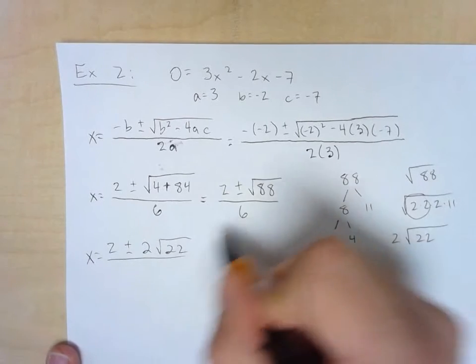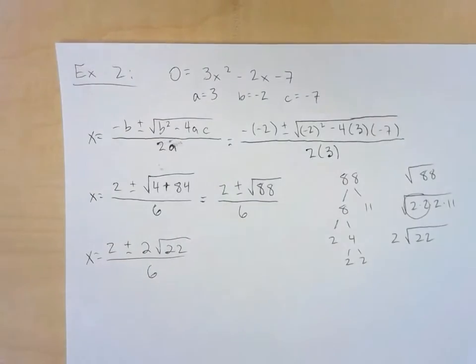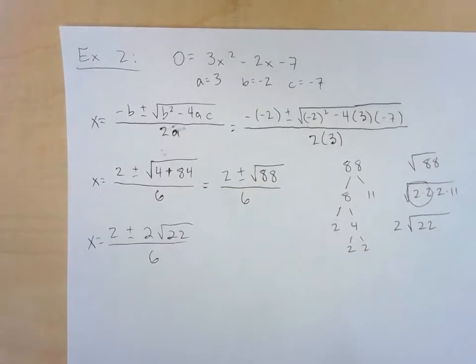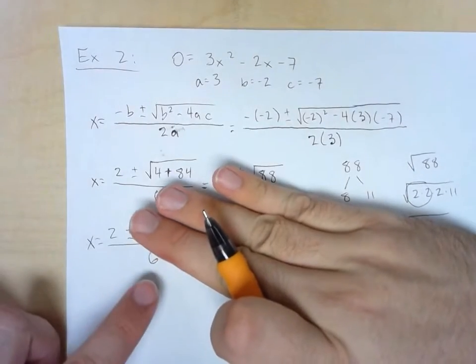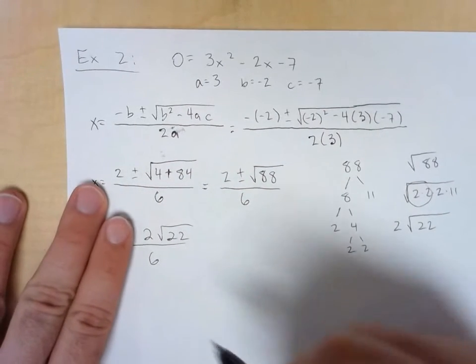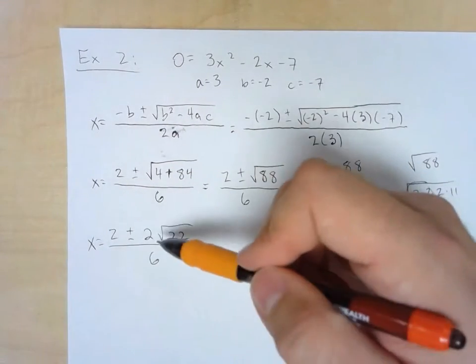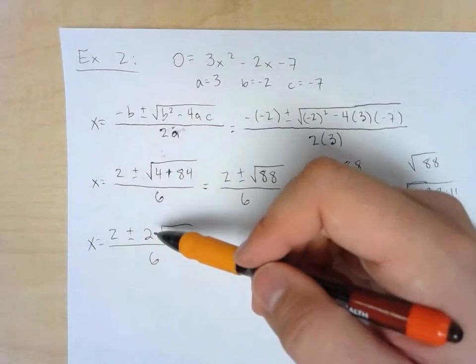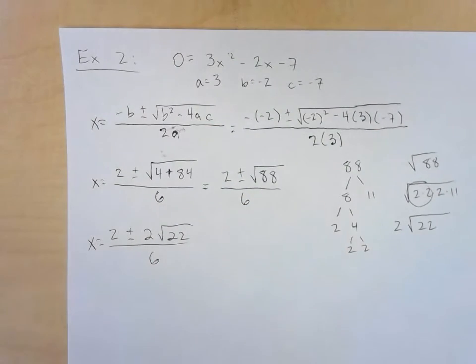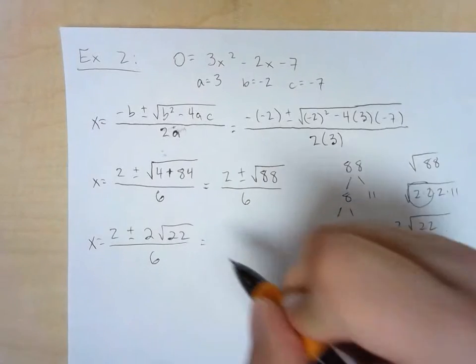There's a lot of 2's on this. All over 6. And again, we look at our two different fractions. We've got 2 over 6, and we also have 2 square root of 22 all divided by 6. We're looking at our whole numbers on the outsides, and we're looking to see if 2, 2, and 6 can be divided by the same number. We know that we can divide each of these by 2.